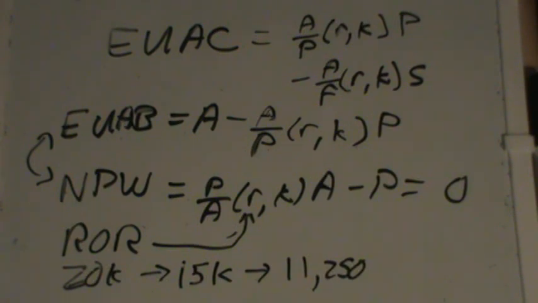So a lot of companies will use an accelerated method. The IRS recognizes one called the accelerated cost recovery system, which takes that same C minus S, the cost minus the salvage value, and multiplies by a weight system.